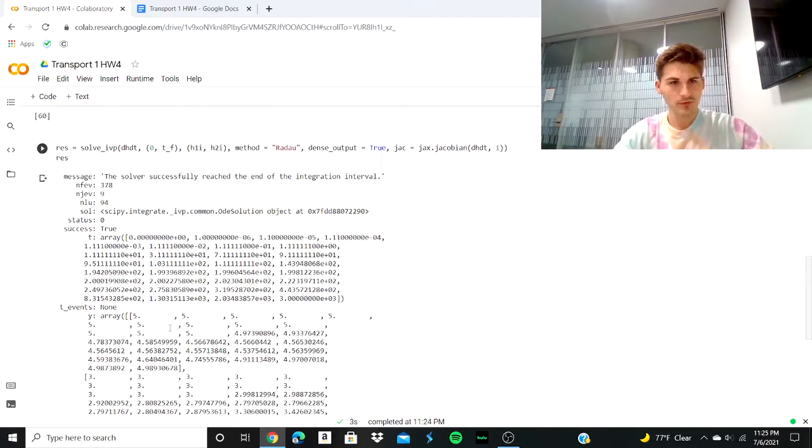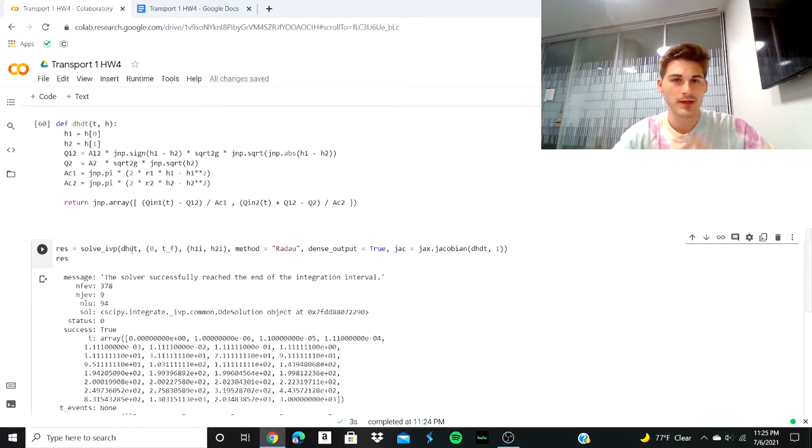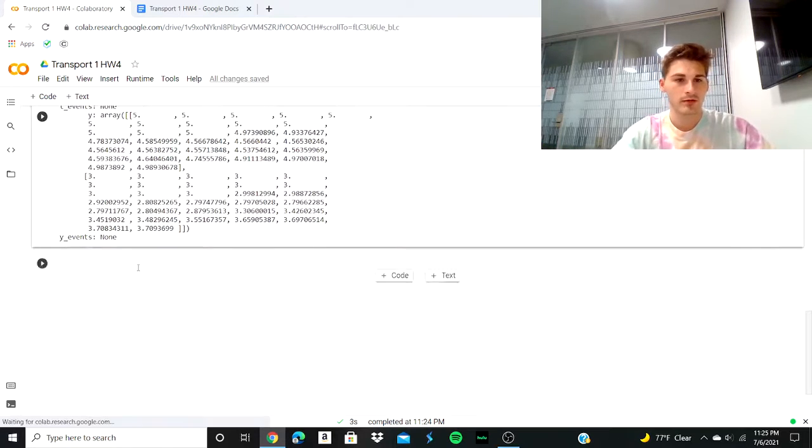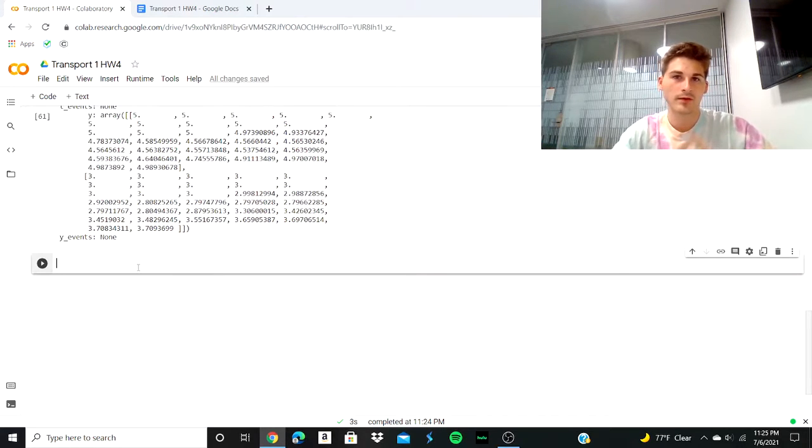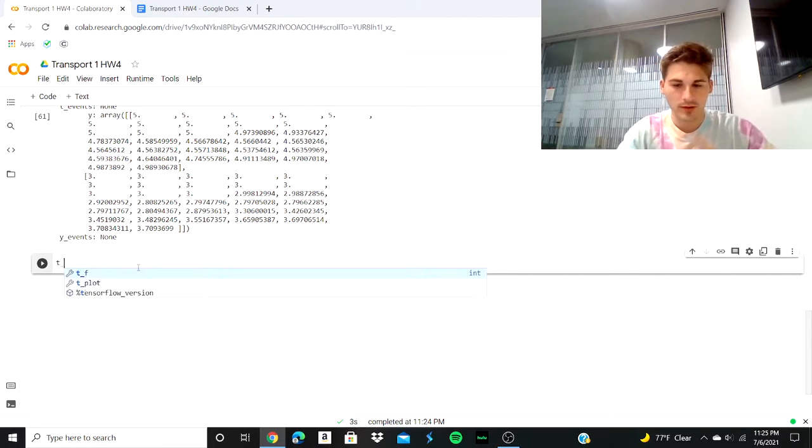So the important part from this is that we have this sol part here, and this sol is going to allow us to basically solve for values of dH dt across any time interval as long as we just call on it. So we can create a time interval and then plot it to show how the heights of our liquid are changing.